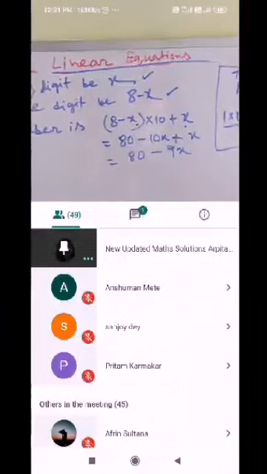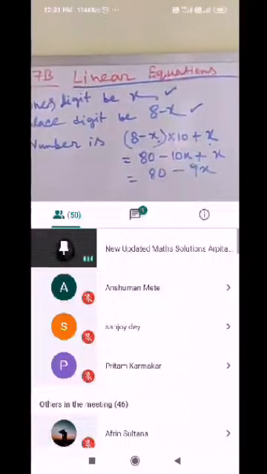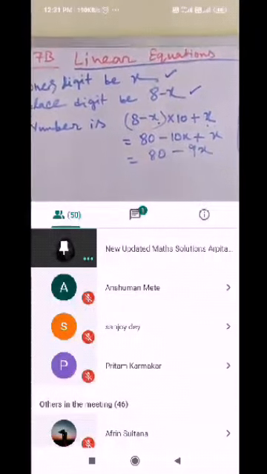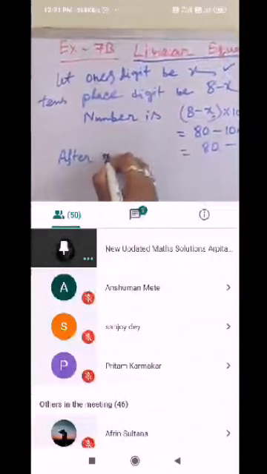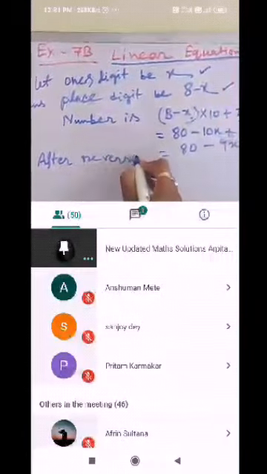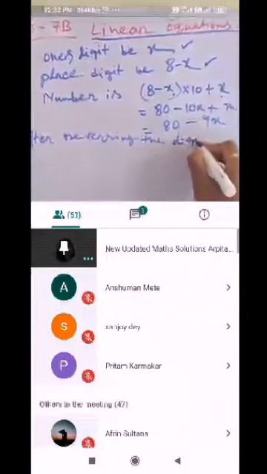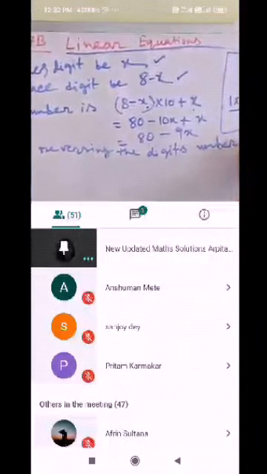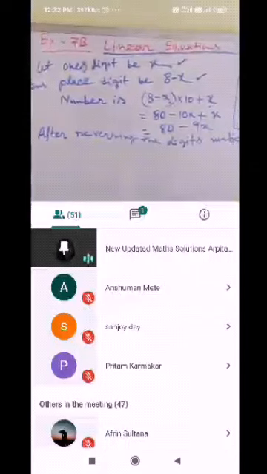Okay. Next, what is the given condition? If 18 is added to the number, its digits are reversed. After reversing the digits, what will the number be?